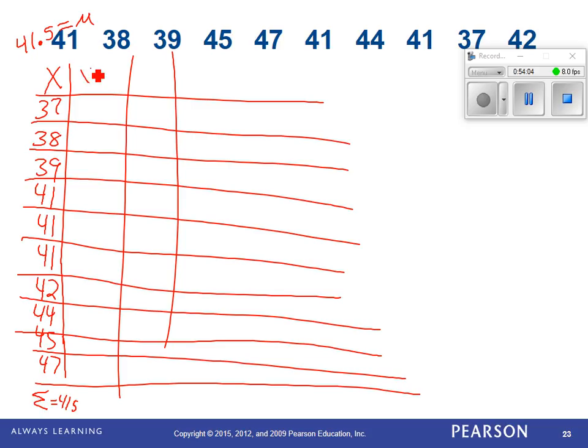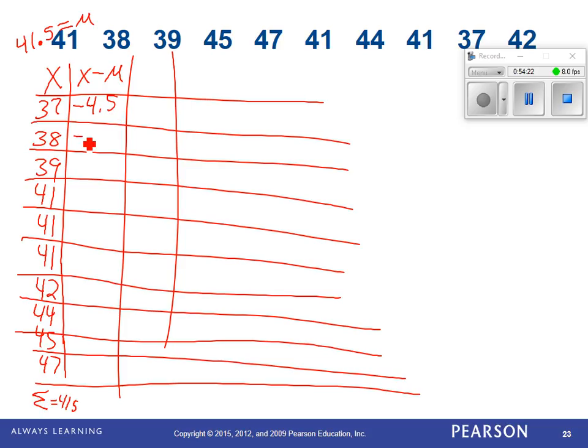Then we're going to take x minus mu for each one. 37 minus that is negative 4.5. 38 minus that. Once you do one of them, the rest of them are sort of easy.